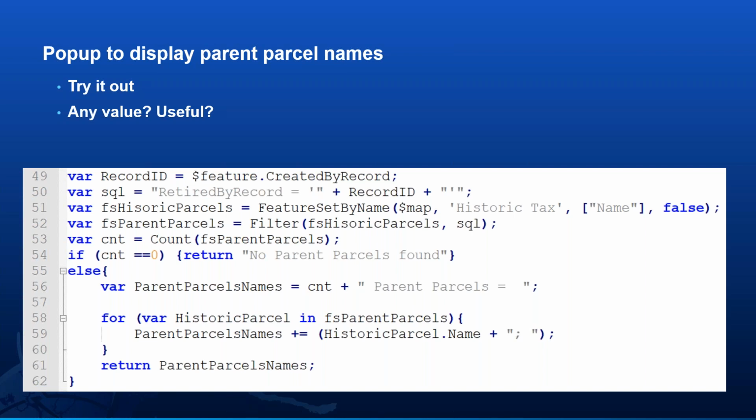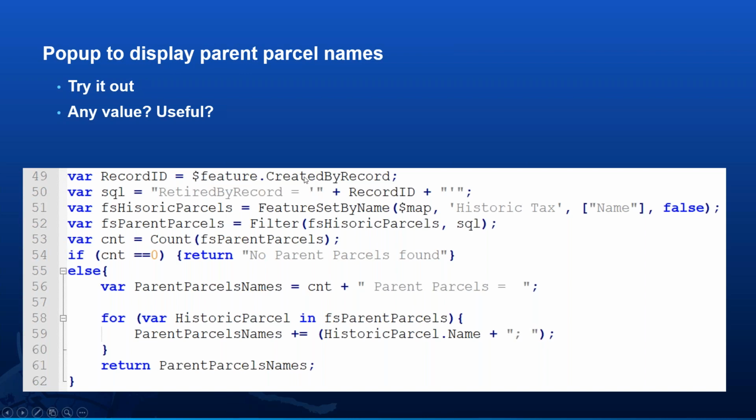Can I create a pop-up that goes to the historic parcels and brings all the parent parcels for a given parcel, right? So basically, if we go over the script, what does it do? So what is the record ID? It is the feature created by record.